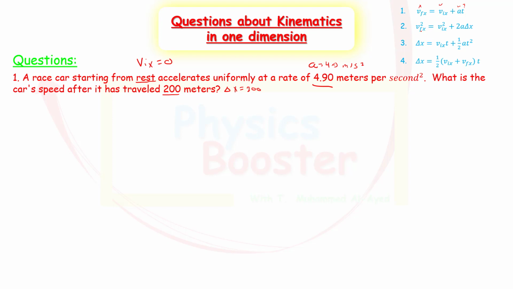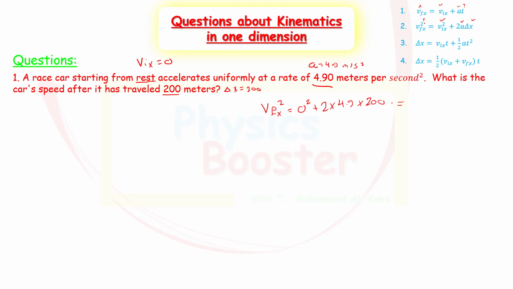The second equation says v final x squared, which is what we are looking for, is equal to v initial x squared plus 2a delta x. It's clear that this is the unknown, and we have the acceleration and the displacement. So quickly, v final x squared is equal to v initial x, which is 0 squared, plus 2 multiplied by the acceleration, which is 4.9, multiplied by the displacement, which is 200.